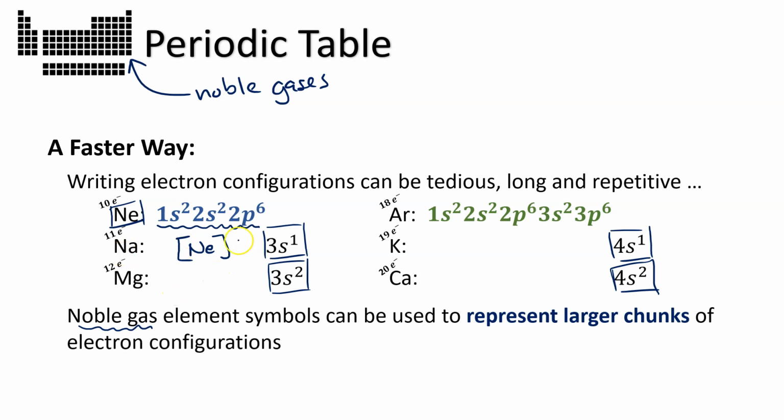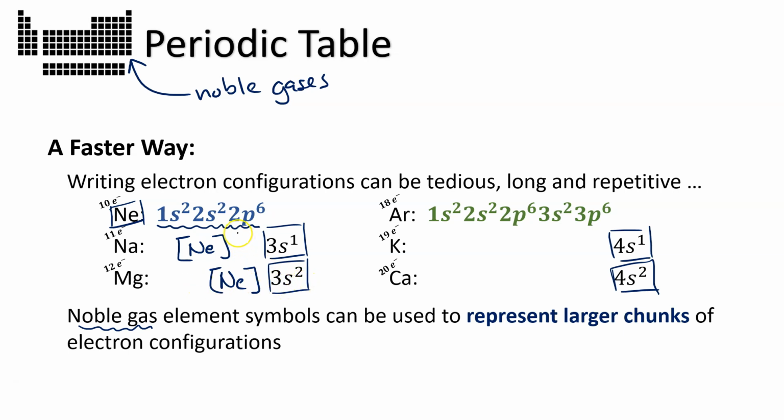So if you're doing sodium, you can just simply write Ne in square brackets, follow that with 3s1, which makes it a configuration for sodium, and be done. Same thing here for magnesium. I could just do Ne in square brackets, followed by 3s2, and that would be the noble gas notation for magnesium.